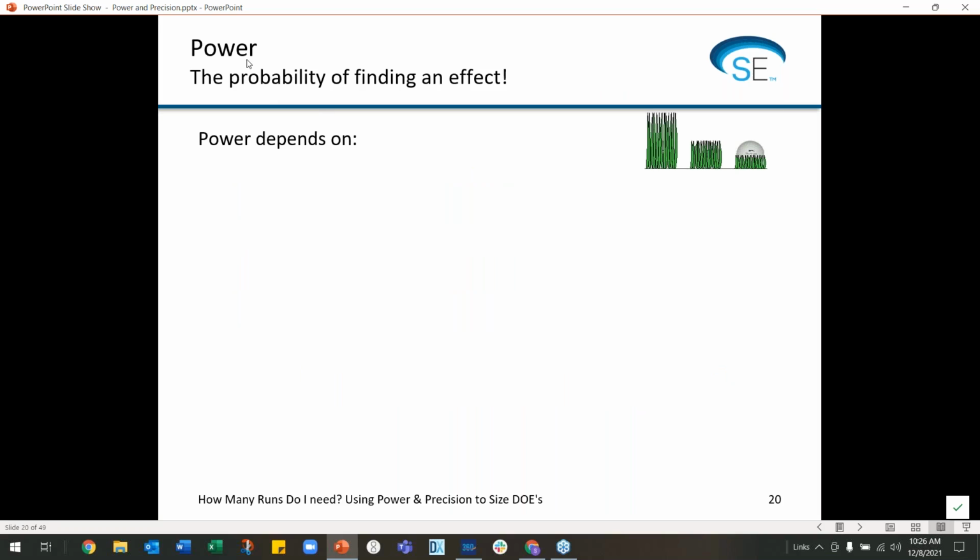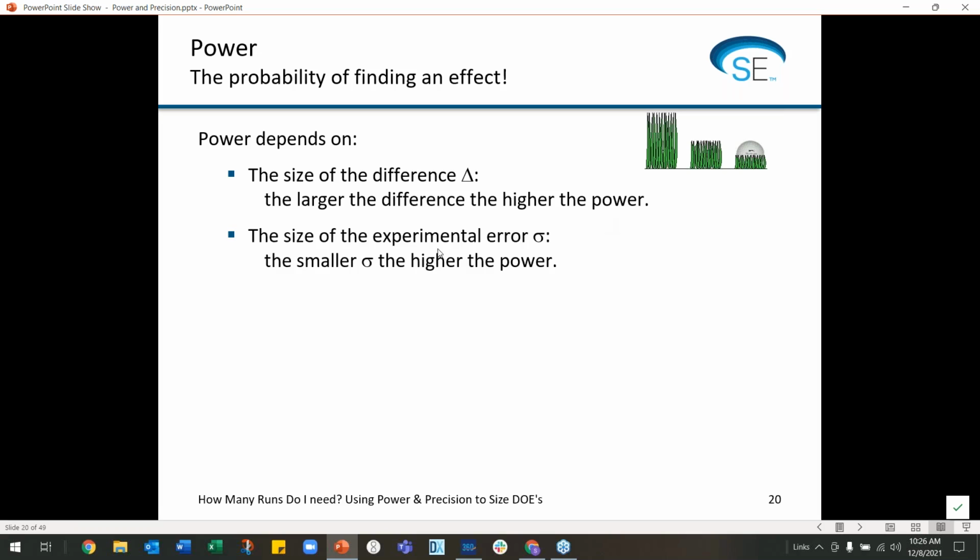So power, again, is the probability of finding an effect. It depends on the size of the change in the response. So the larger the change in the response, the higher the power. It depends on the size of the standard deviation of the response. If you have a smaller standard deviation, the power is going to increase. So anything you can do within your experimental system to keep the noise down will be a benefit to power.